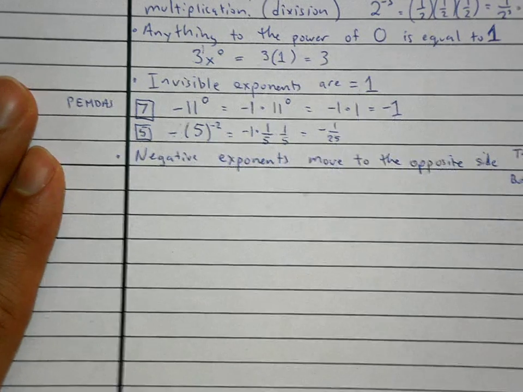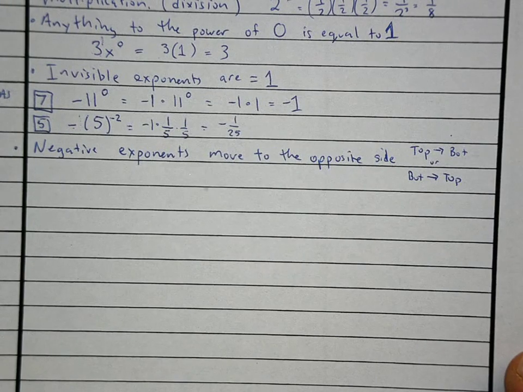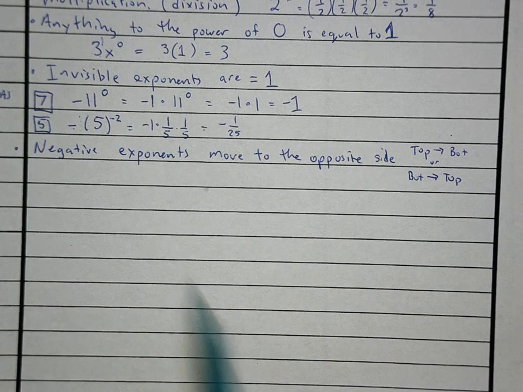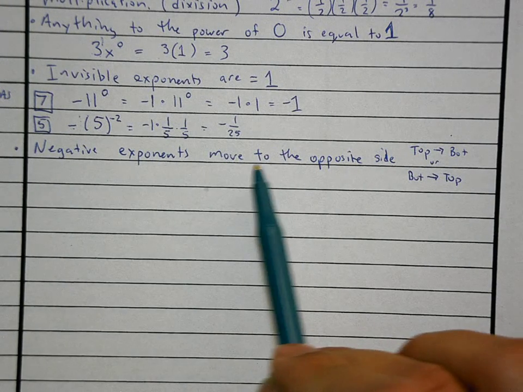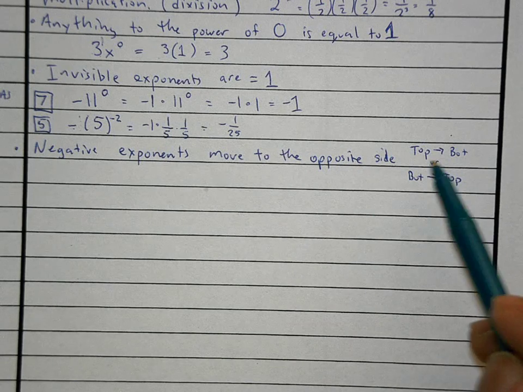Oh, you can't see that. Let's scoot it over a little bit. Negative exponents move to the opposite side. The top goes to the bottom or the bottom goes to the top.